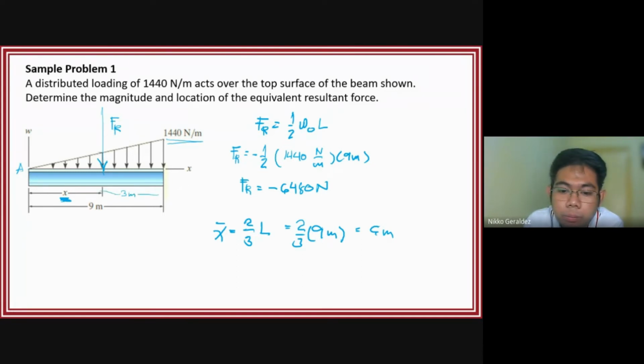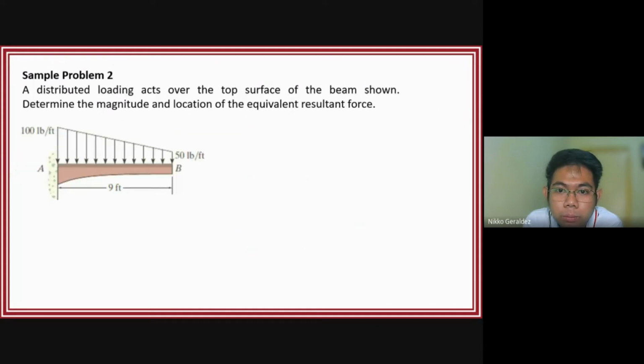Another example. A distributed loading acts over the top surface of the beam shown.